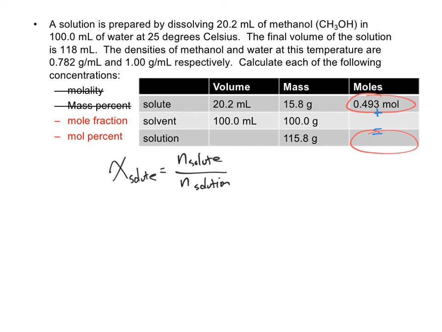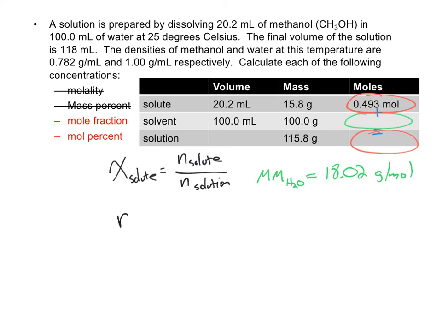So I also need, right, as an intermediate, I need to find the moles of the solvent, the moles of the water, but I can do that. And so once I get the moles of the water, add that to the moles of the methanol, and then we can calculate the mole fraction. So the molar mass of water we've already calculated in this video is 18.02 grams per mole.